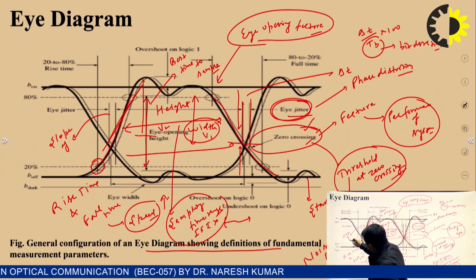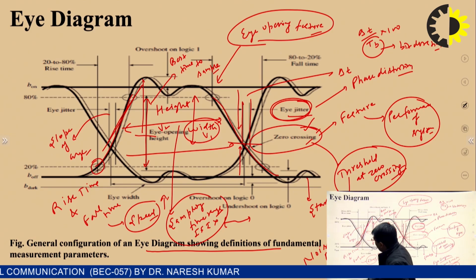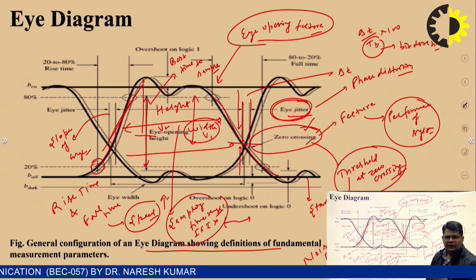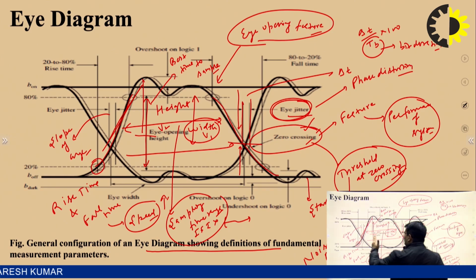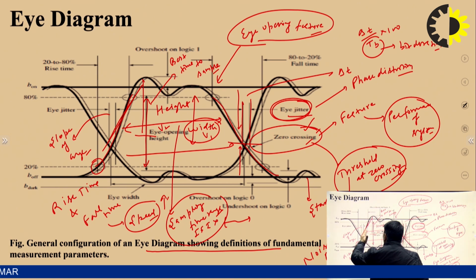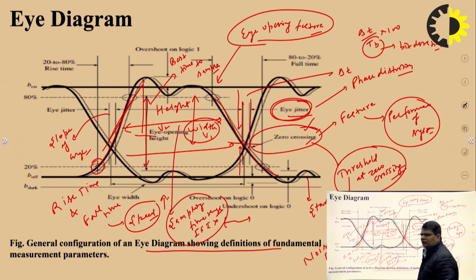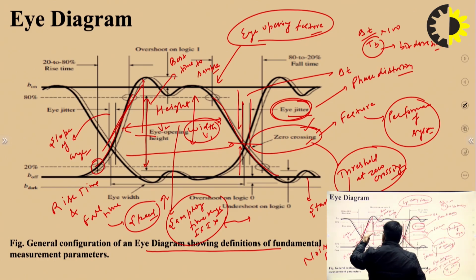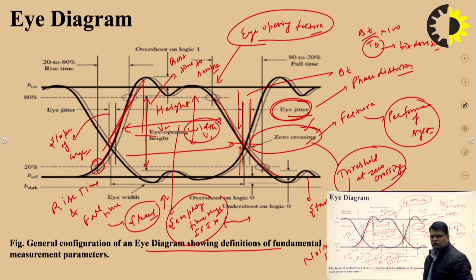Slope of the eye diagram. We can see that as the slope becomes more and more horizontal, the eye opening is there, and as the slope becomes like this, the eye gets closed, so the performance gets decreased.